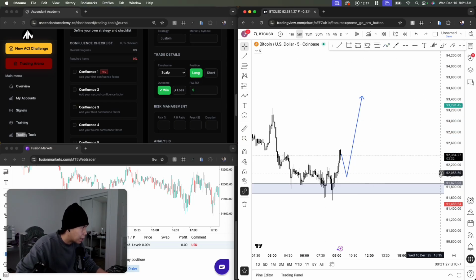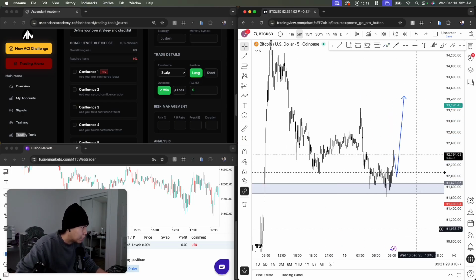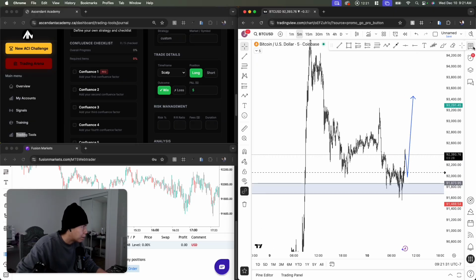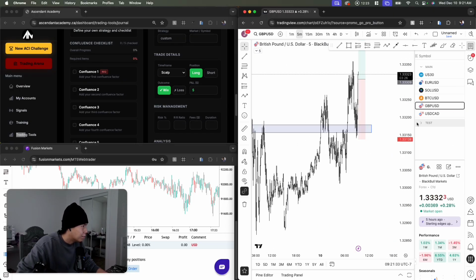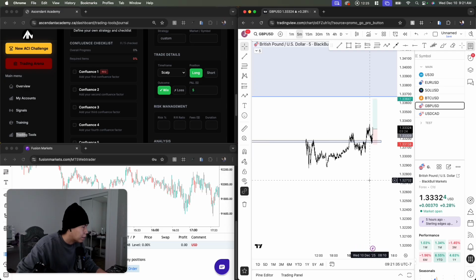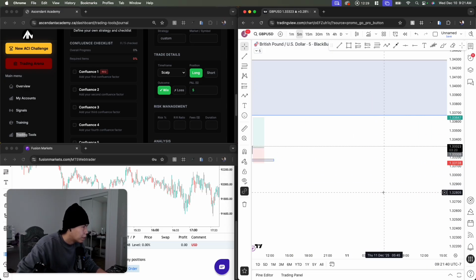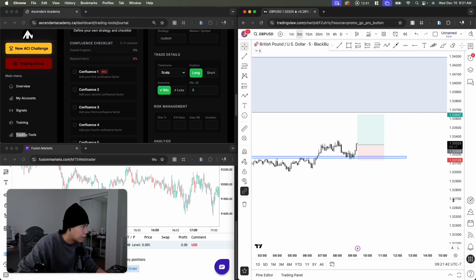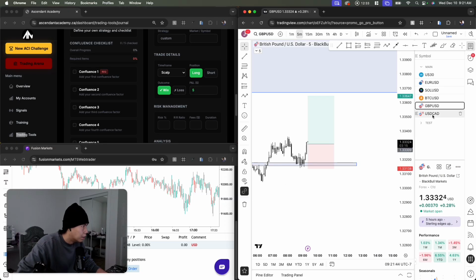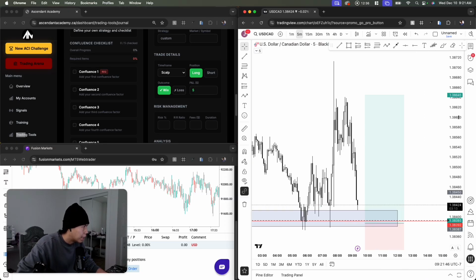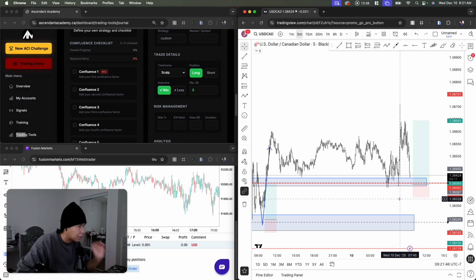So I'm going to set an alert for the Bitcoin buy. That's interesting that I could be taking soon. The GU trade looks healthy for the top side as well. And the USD CAD trade is the one I'm most interested in right now.